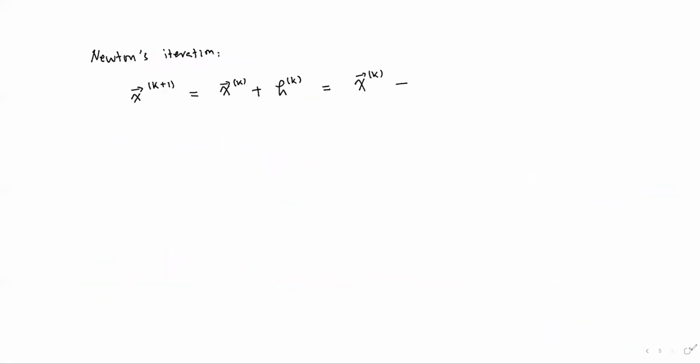It is the Jacobian inverse times the vector value function evaluated at xk. The Jacobian is the derivative of the vector value function with respect to the vector x.